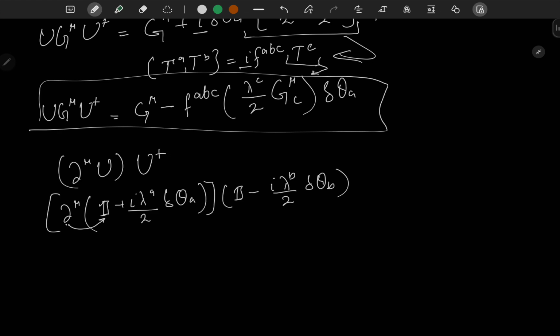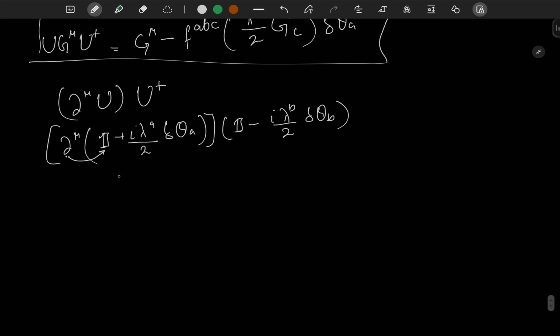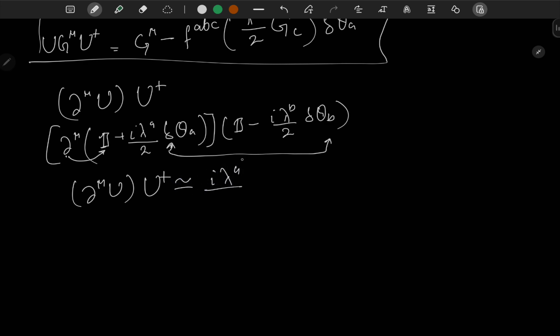And if you do the math, okay, so we will get a term with second order in delta thetas that will be negligible. So eventually d mu into u dagger will be equal to iota lambda a divided by 2 and d mu of delta theta a.